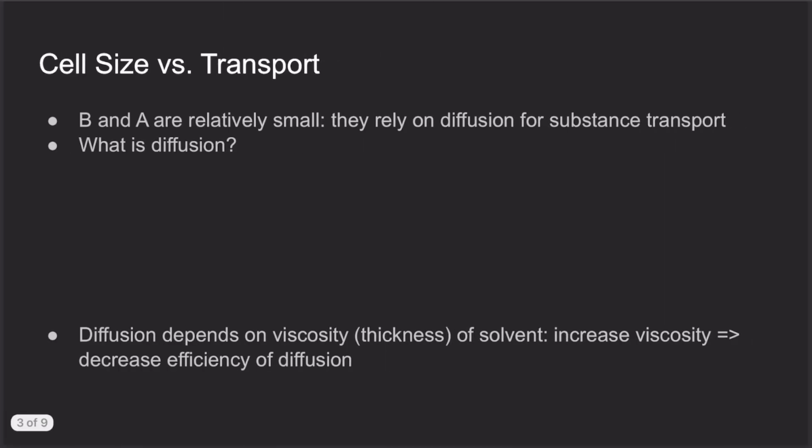So to answer this, we're going to look at cell size versus the transport. So bacteria and archaea are relatively small. Now what this means is they can rely on a process called diffusion for substance transport. Now what is diffusion?